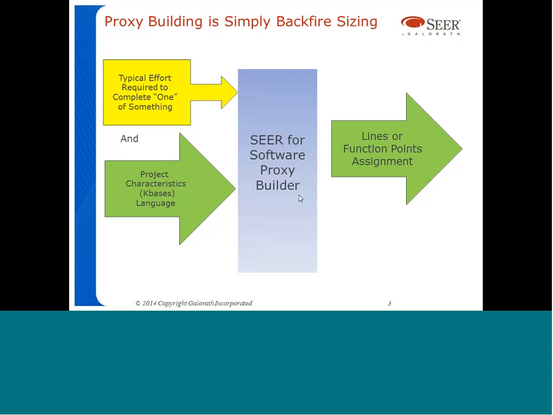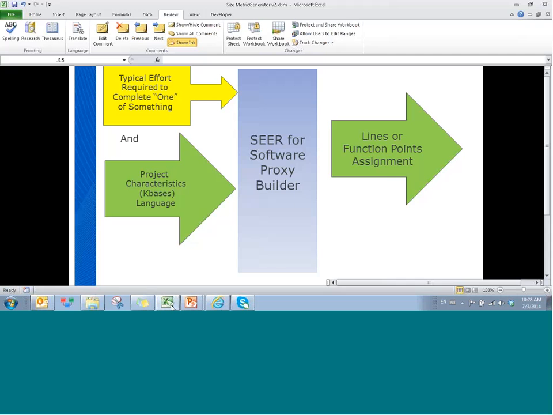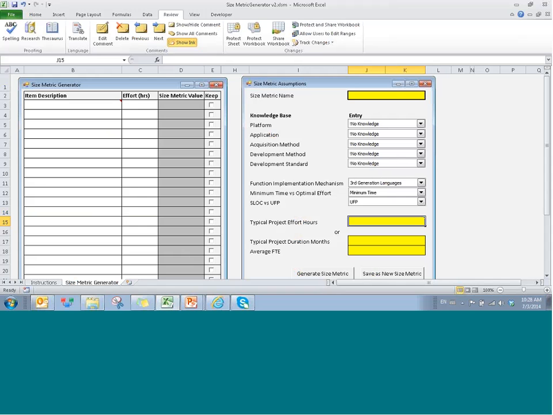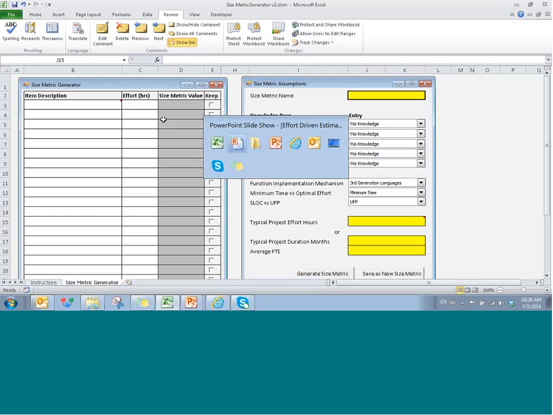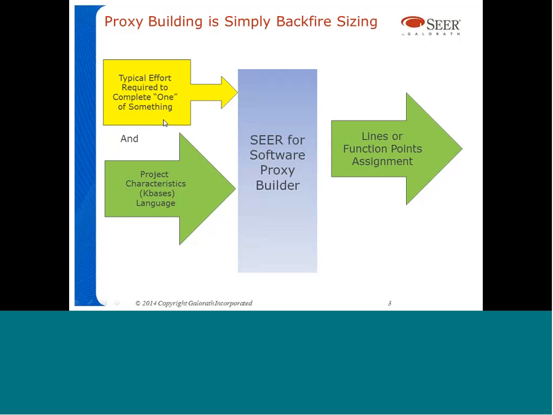And just for you to have an idea, our size metrics generator is an Excel worksheet that automates the creation of a proxy. This tool can be provided to you upon request. Okay, and it's very, very easy to use. It basically automates all the process.